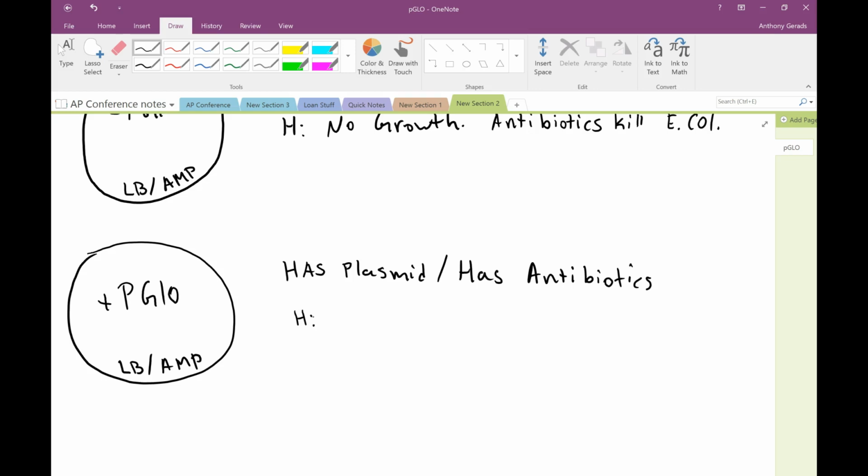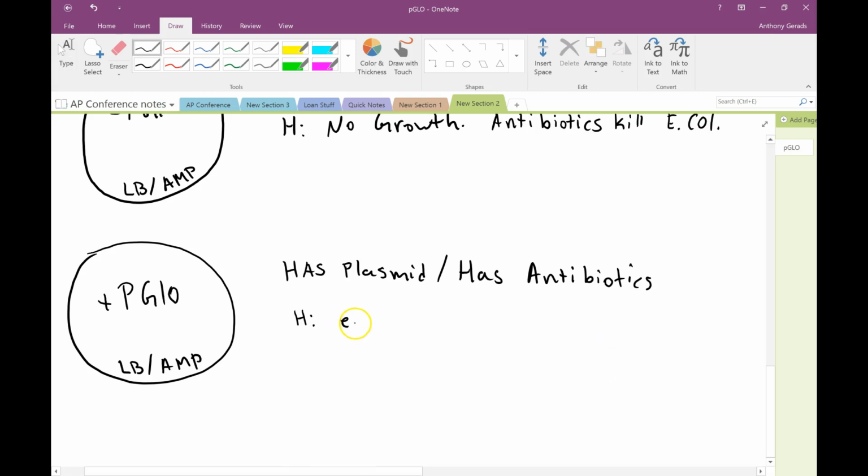Why would there be growth? Yes, the antibiotics are there, but I also made it bulletproof because I gave it this gene. The E. coli bacteria that took up the plasmid now aren't killed by ampicillin. So we've made bacteria that do not get killed by ampicillin because they took that plasmid up.